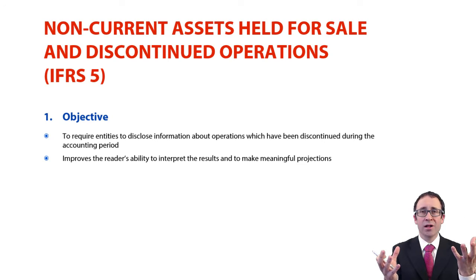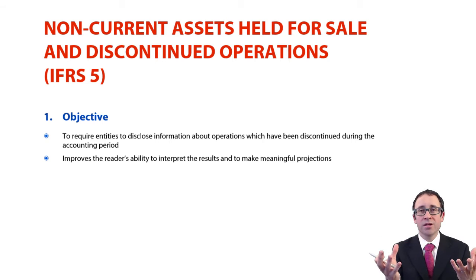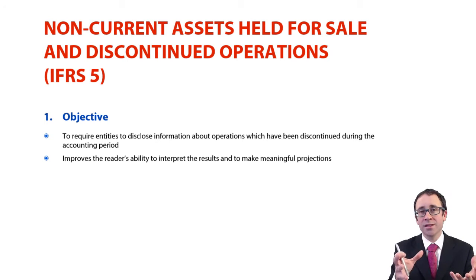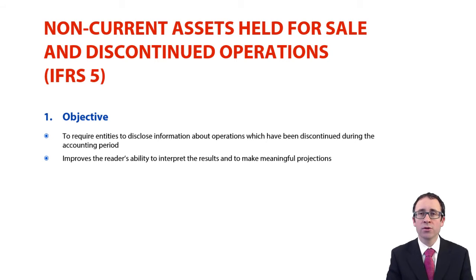The non-current asset held for sale is effectively how we look at how things are presented on the statement of financial position when we've made the decision to sell an asset or a group of assets. And then a discontinued operation is when we've decided to close down a separate line of business, and therefore we need to separate out the results of what is discontinued and what is going to continue into the future within our statement of profit or loss.